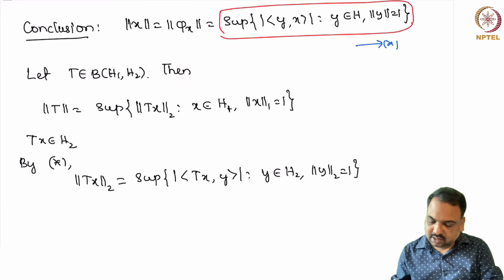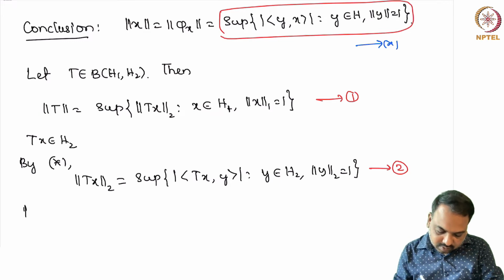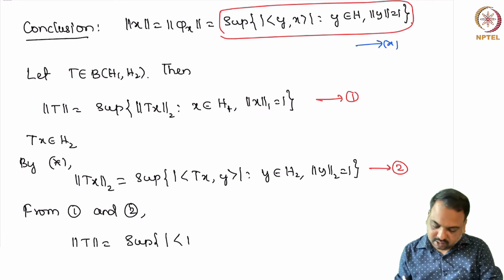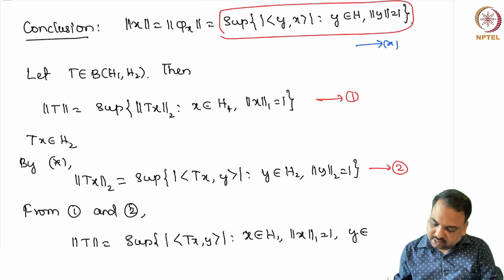Okay, so let us look at these two equations. Let us say this is 1 and this is 2. Then from 1 and 2 we can conclude that the norm of T is exactly the supremum of the modulus of the inner product of Tx with y, where x is from H1 with norm x equal to 1 and y is from H2 with norm y equal to 1.